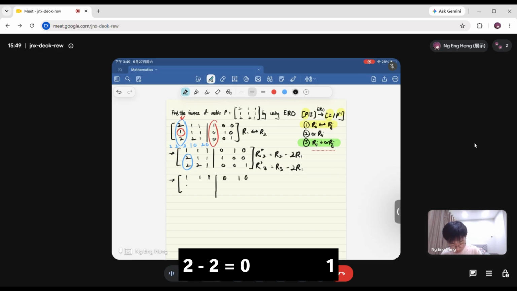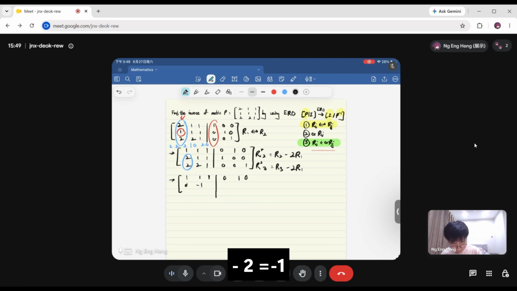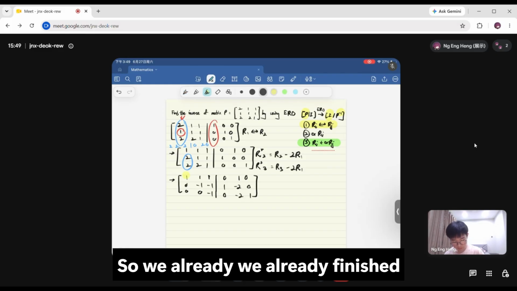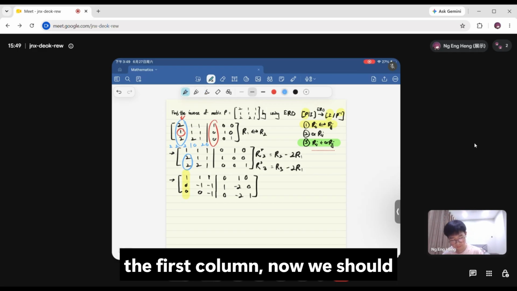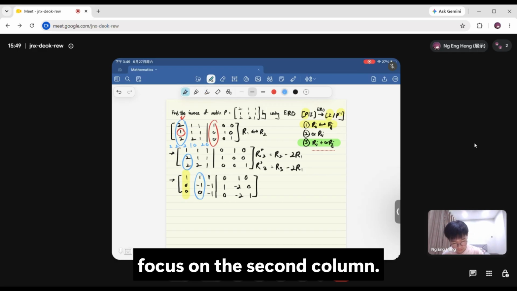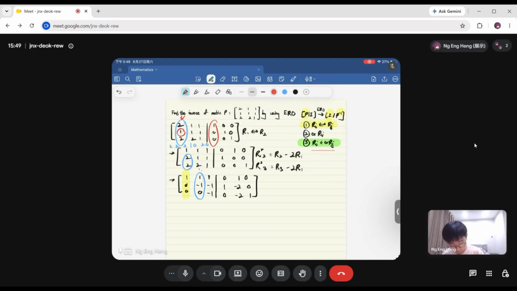2 minus 2, 0. 1 minus 2, negative 1. Negative 1, 1, negative 2, 0, 0, 0, negative 1, 0, negative 2, 1. Okay. So we have already finished the first column. Now we should focus on the second column.